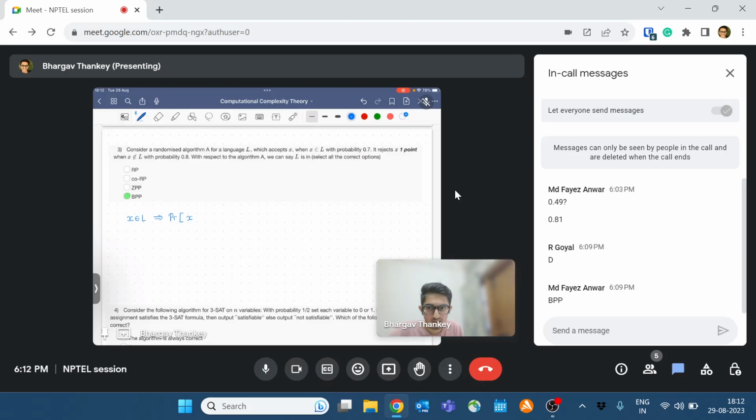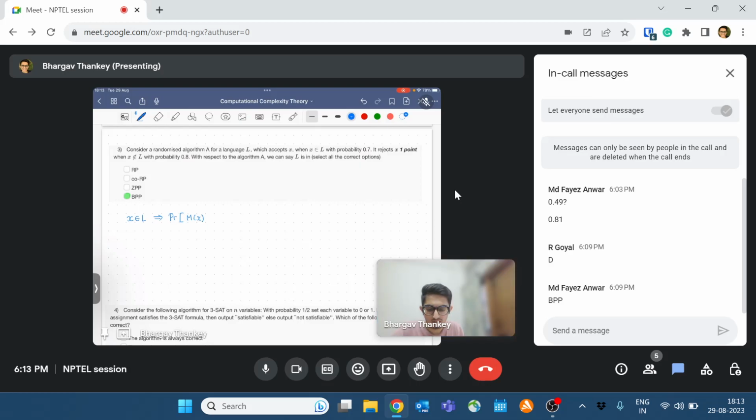Which means that if X is not part of the language, then the probability of rejection would again be higher than two-thirds. So BPP would have the higher probability of acceptance for the strings which are part of the language, and the higher probability of rejection for those strings which are not part of the language. That is true. So even though there is a gap in the BPP, valid strings are getting accepted with the higher probability, and the non-valid strings are getting rejected again with the higher probability.